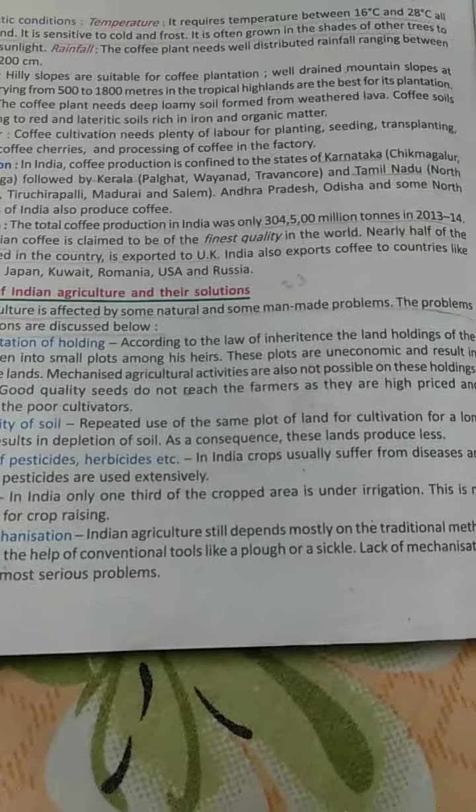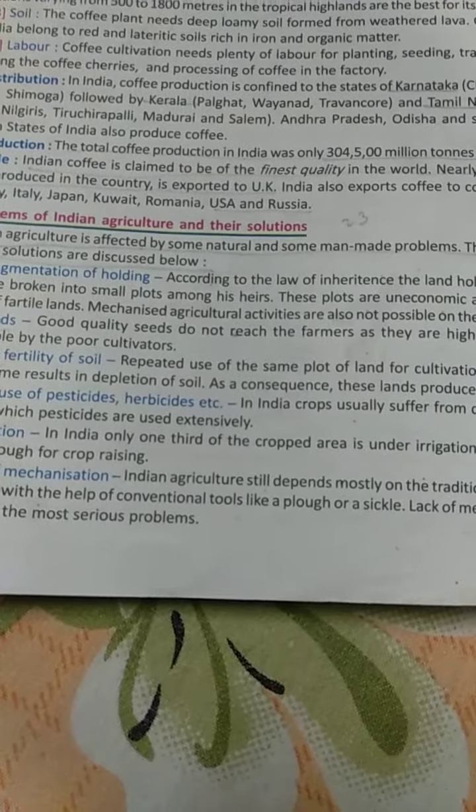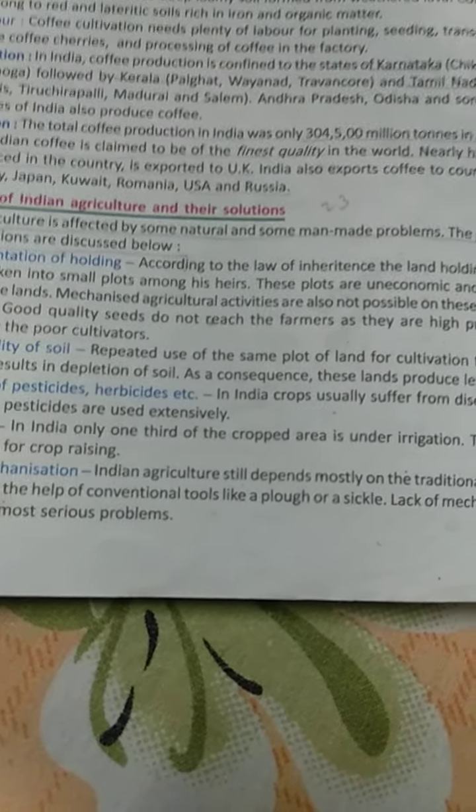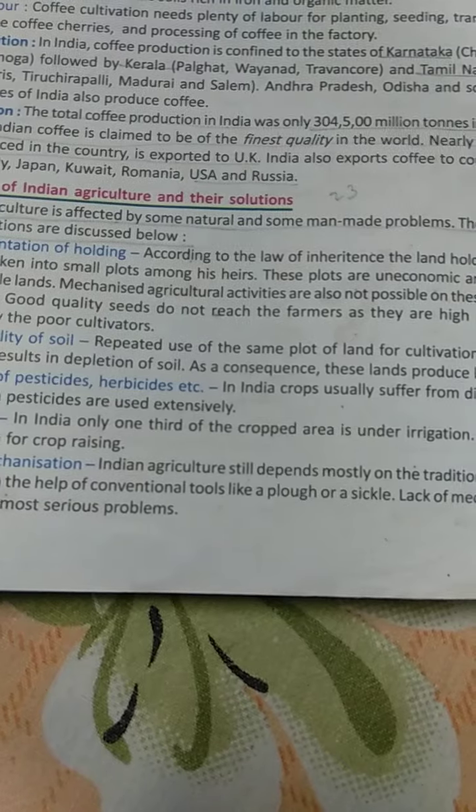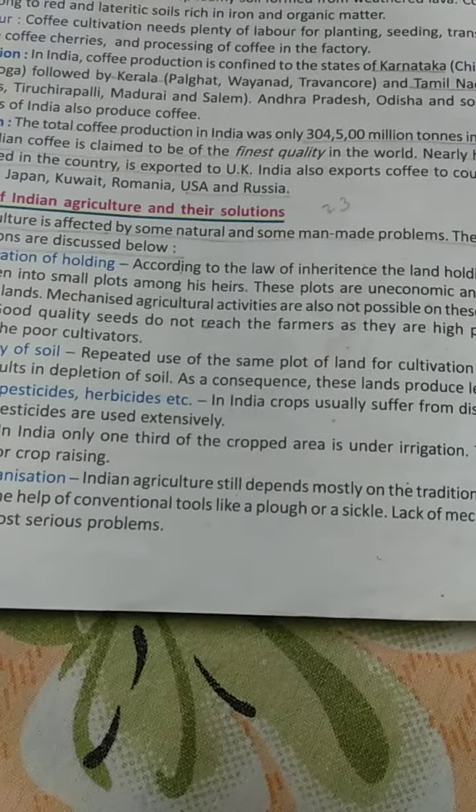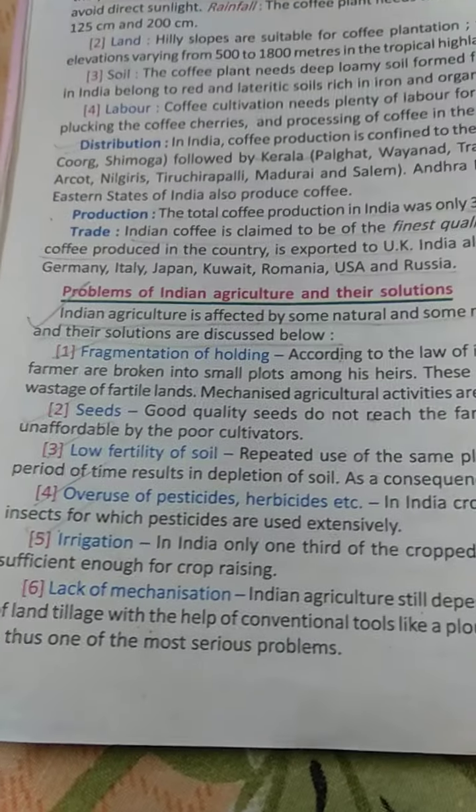This makes the plot uneconomic and results in a wastage of fertile soil. Mechanized agricultural activities are not at all possible in small holdings, so this system of distribution creates problems in mechanical farming.